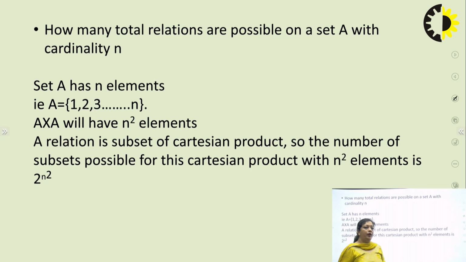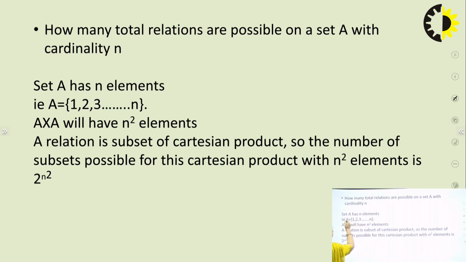Now, when I am talking about relations from set A to itself, one thing which we must know is how many total relations are possible on a set A with cardinality n. So that means how many relations are possible if my set A contains n elements. Now let's see how to solve this.